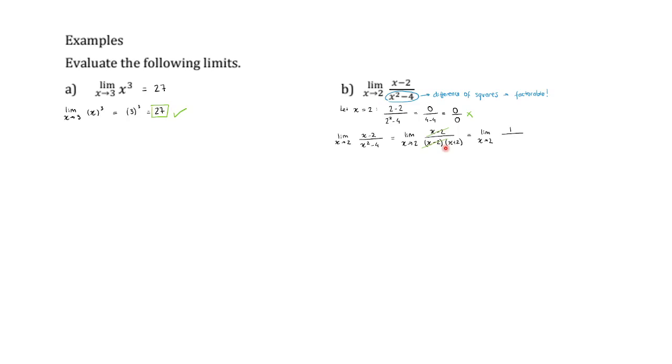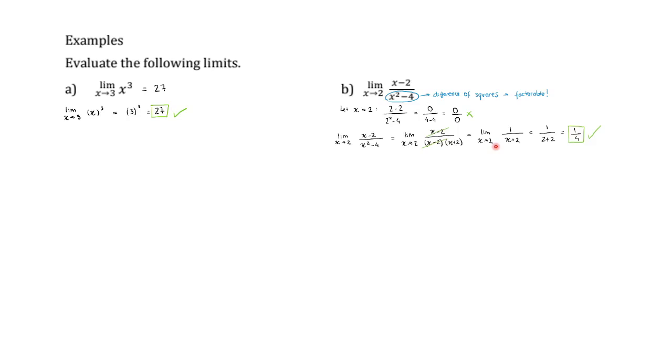And now we should be able to directly plug in the condition for x, which is just 2. And so that's going to give us 1 over (2 plus 2), which is equal to 1 over 4. And here again, that is the right answer. We're not dividing by 0. We do not have any negatives under a square root.